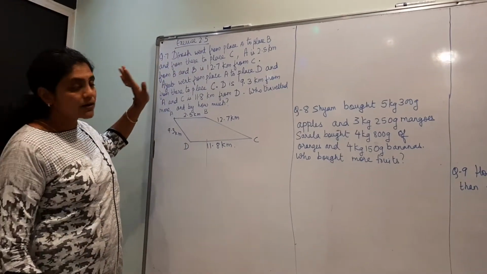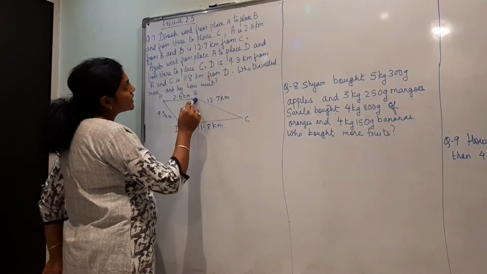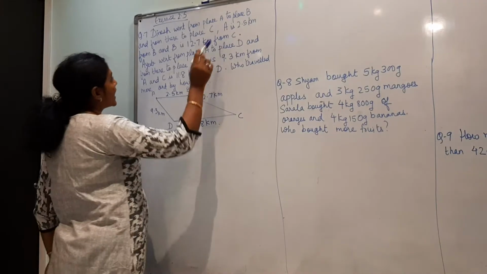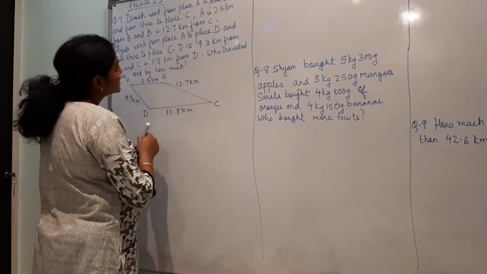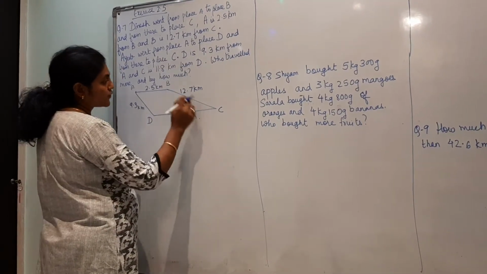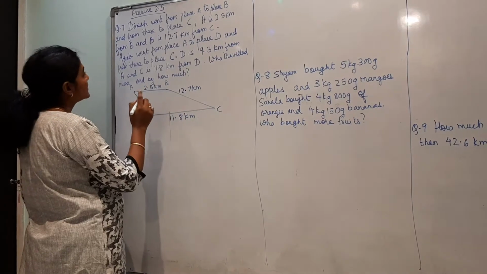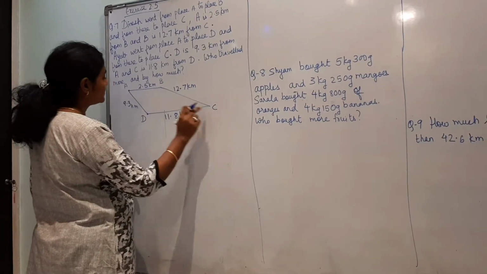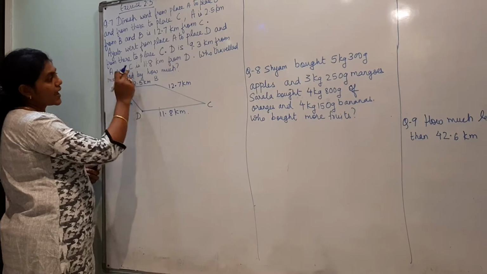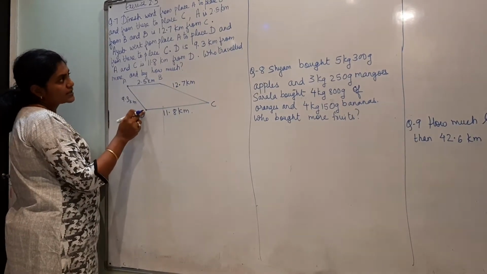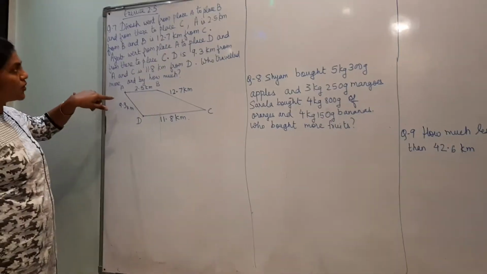Now question 7. Dinesh went from place A to B and from there to place C. A is 2.5 kilometer from B and B is 12.7 kilometer from C. Ayub went from place A to D and from there to place C. D is 9.3 kilometer from A and C is 11.8 kilometer from D. So everything I have marked here and shown in the picture.